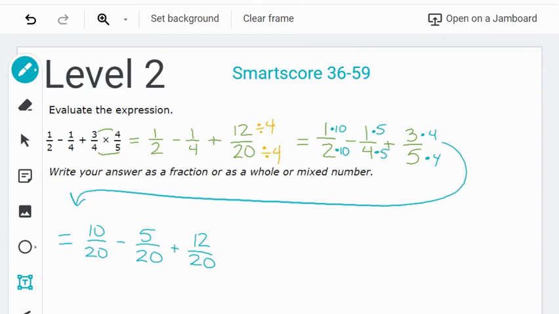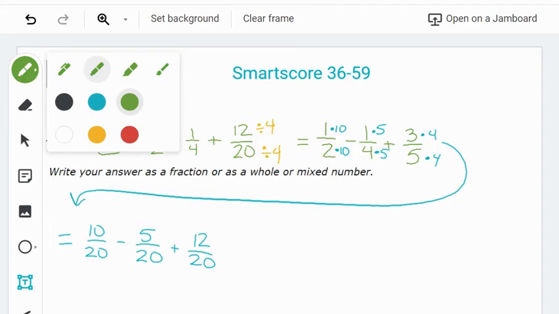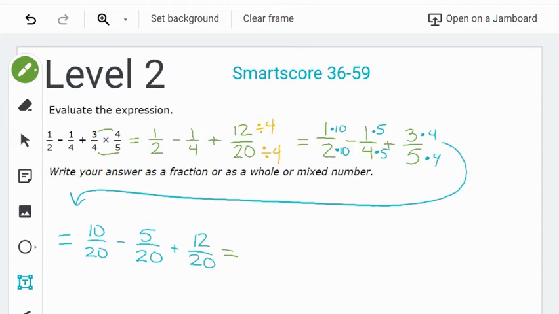Anyway, working from left to right, we would do the 10 minus 5 first, so that'd be 5 over 20. And then we'll add 12 to the 5. So that'll give us 17 over 20. So a lot of steps there. And 17 over 20 cannot be reduced. So that is our final answer for this one.